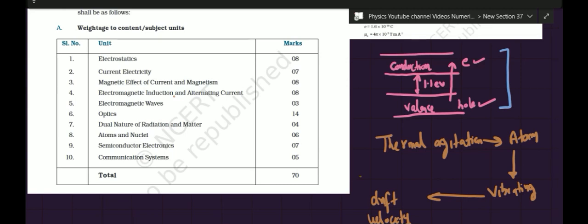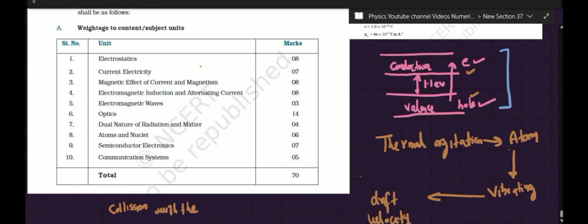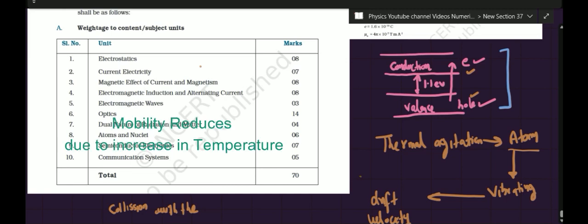It means that the charge carriers which get generated, which are electrons and holes, meet with collisions with the atoms. The silicon atoms start vibrating, and the charge carriers like electrons and holes undergo collisions with the atoms in the lattice, right?